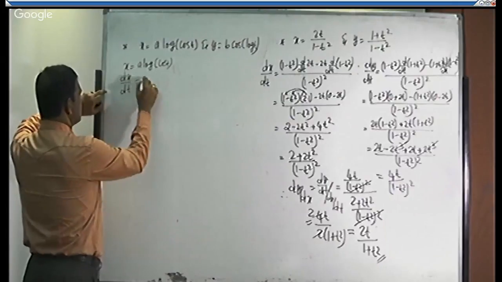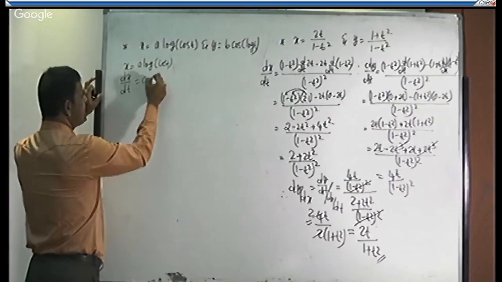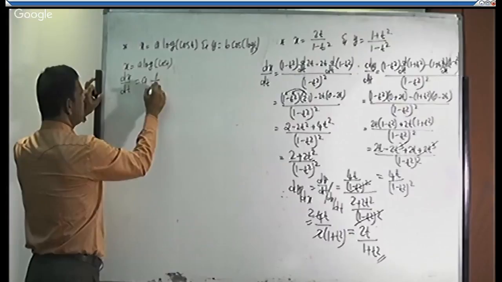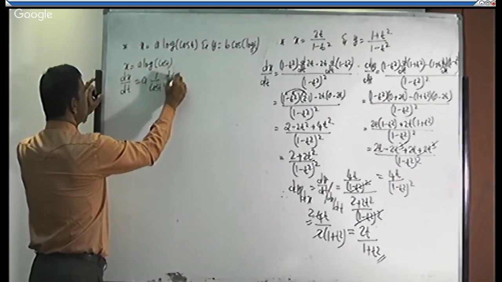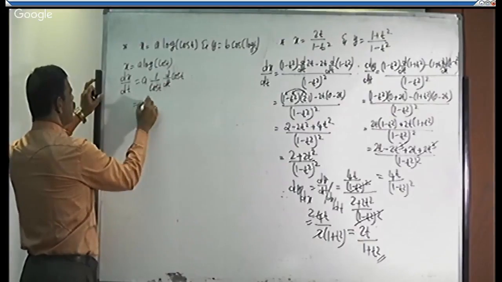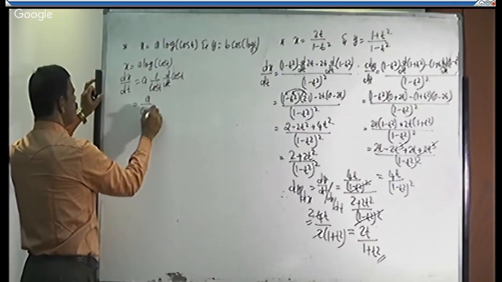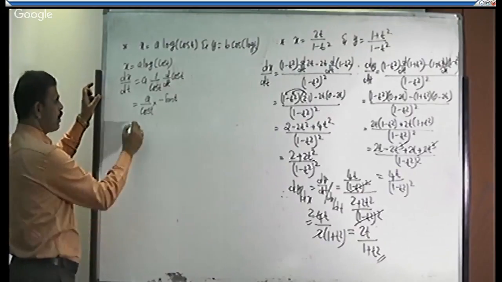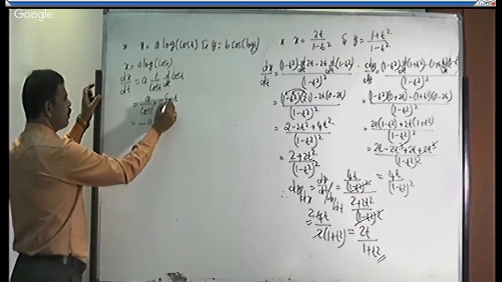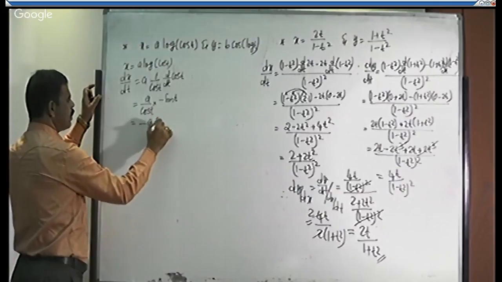For log of a function, for log x it is 1 by x, for log of a function it is 1 by the function into d by dt of cos t. That is a divided by cos t into the differentiation of cos t, which is minus sin t. Or we can take it as minus a into sin t by cos t, which is tan t.